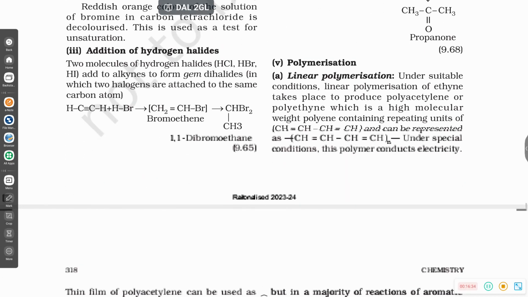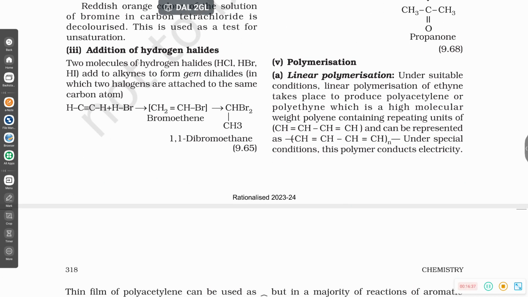Next, polymerization. There are two types of polymerization: linear polymerization and cyclic polymerization. In linear polymerization, I am taking ethyne. Ethyne, when heated under high temperature and pressure with a catalyst, combines to form polyacetylene, a high molecular weight polymer containing repeating units, which can be represented like this.